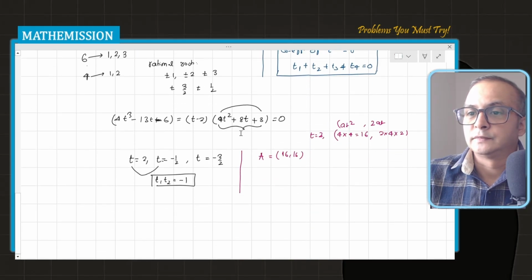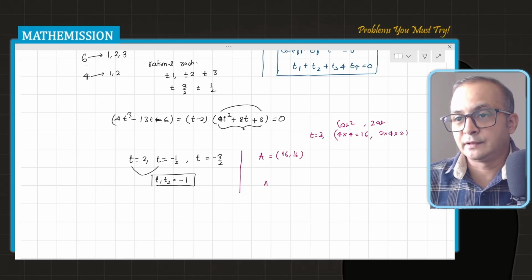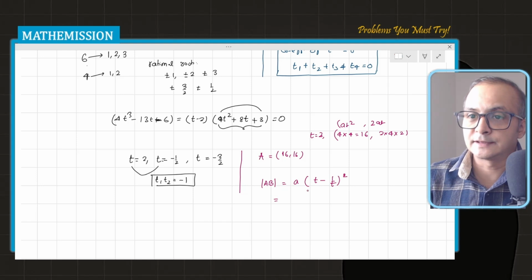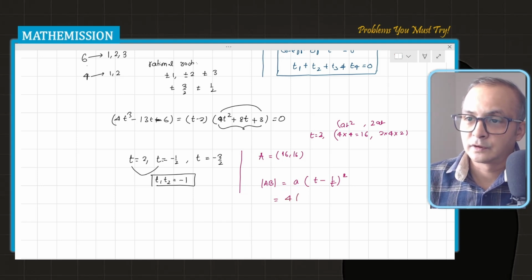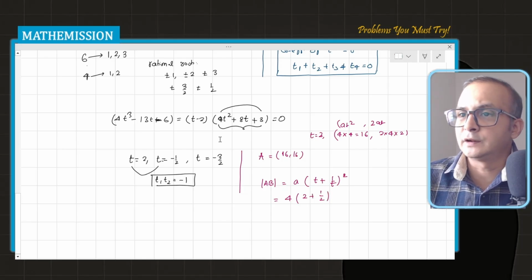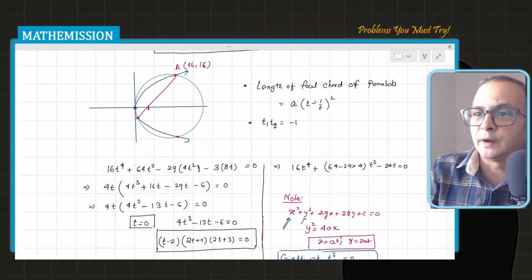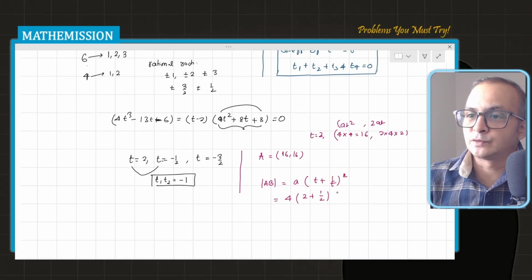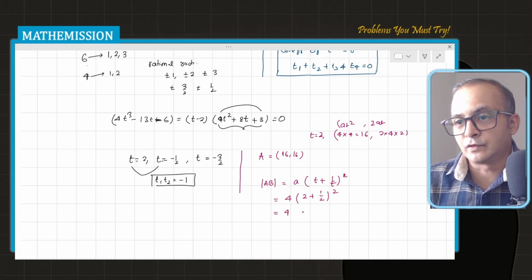All right. So I'm taking a as 2 and the focal chord length AB is given by a times t plus 1 by t the whole square.